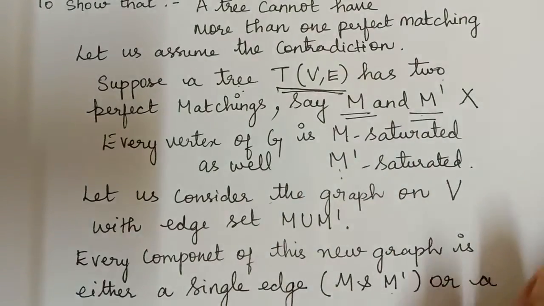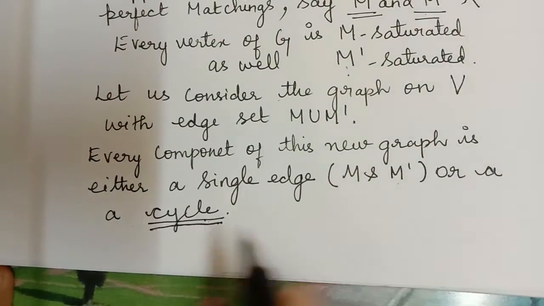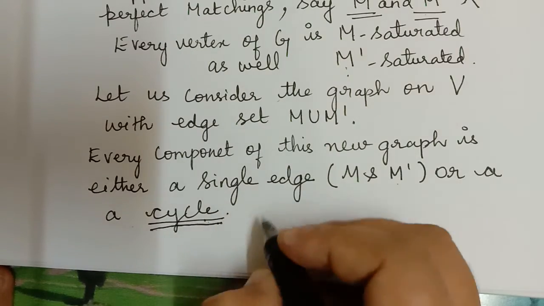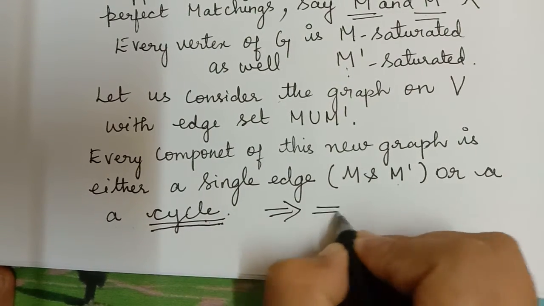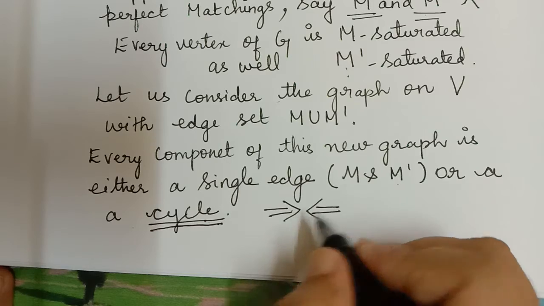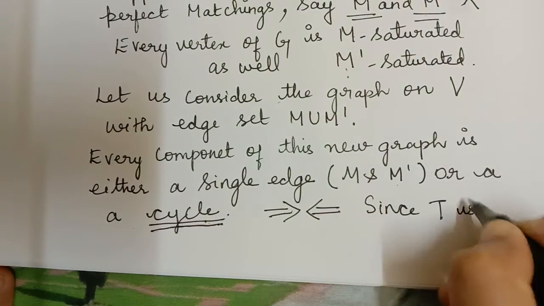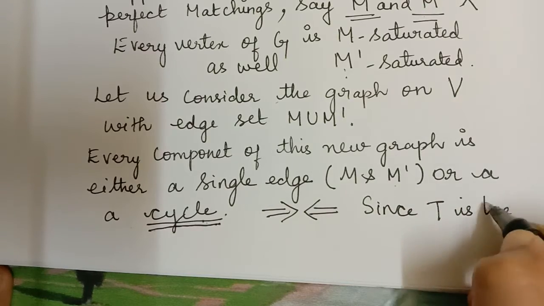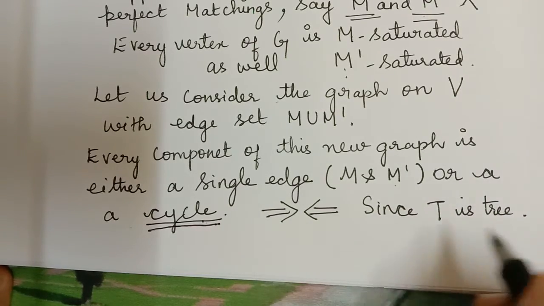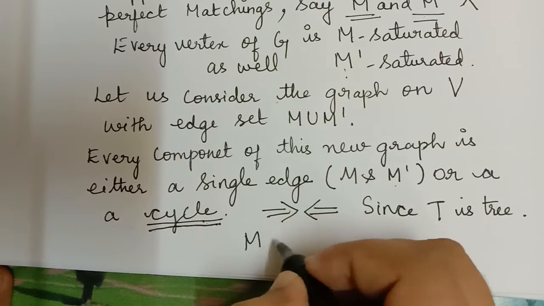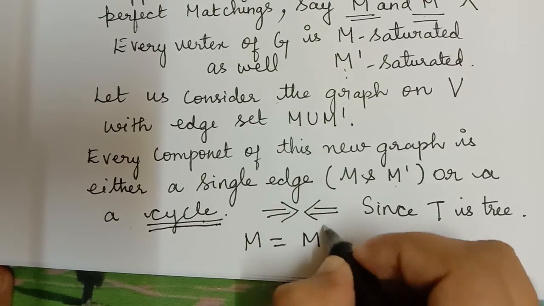So M is equal to M dash. Because we have ended up with a cycle, it becomes a contradiction. Since T is a tree, there can be no cycle, and hence we conclude that M is equal to M dash.